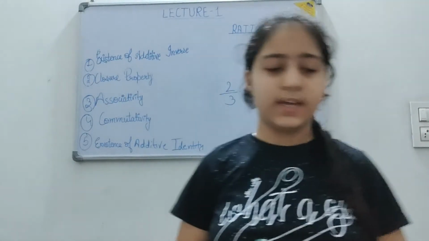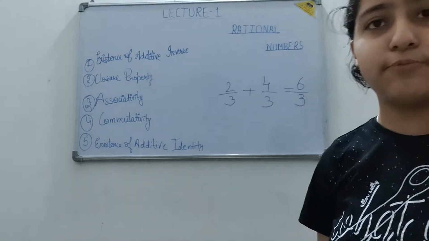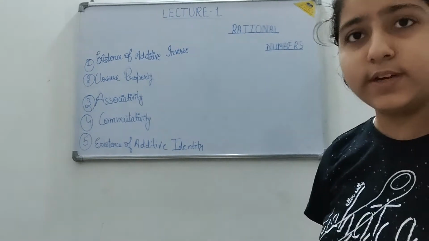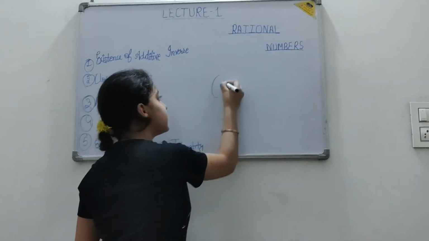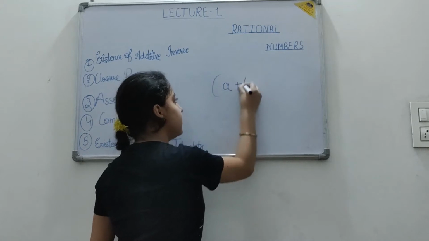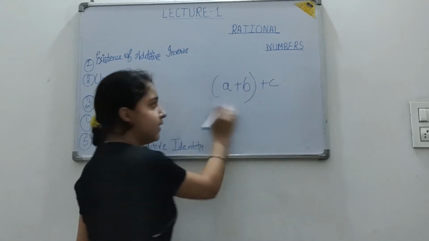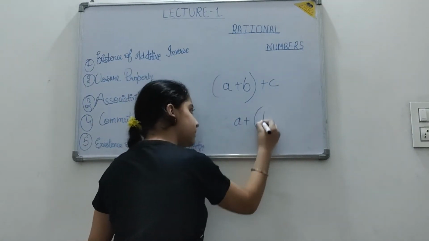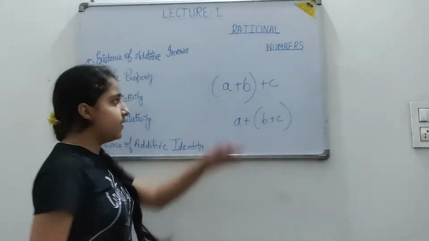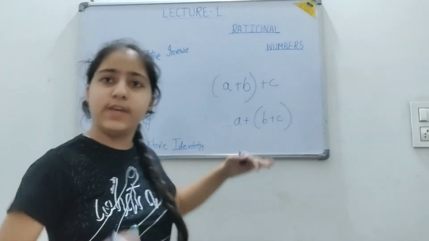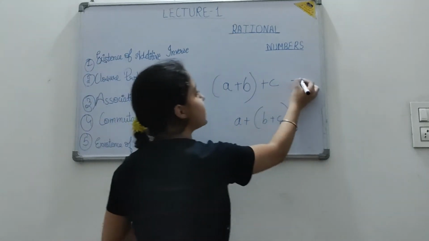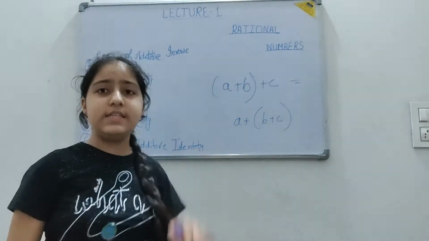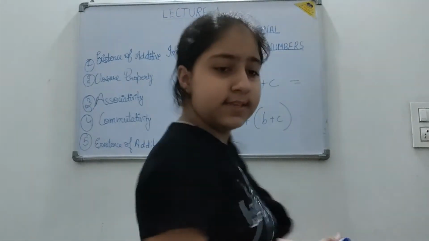Coming to the second property, the associative property. It basically means that whether we add A plus B first and then C, or we add A plus B plus C in the other grouping, the answer is going to be equal. So this is known as associative property. Whether we add in this format or in this format, the answer will be the same.